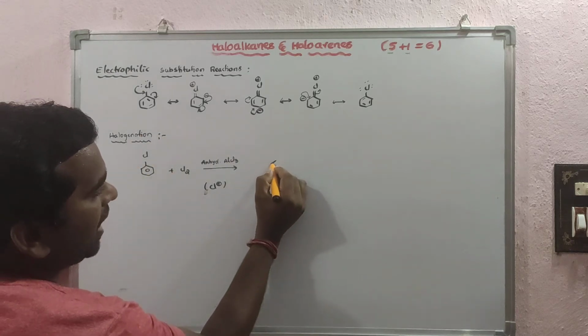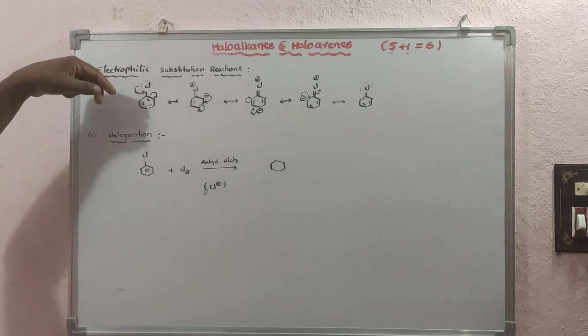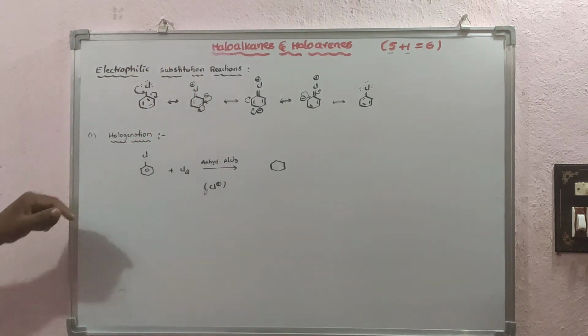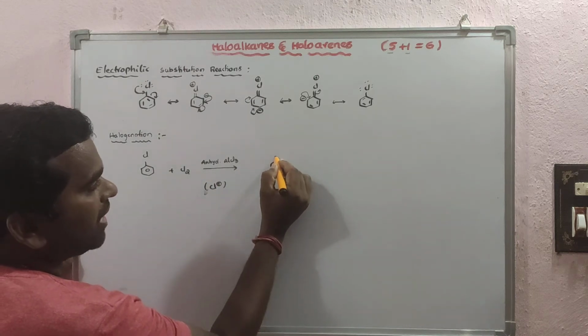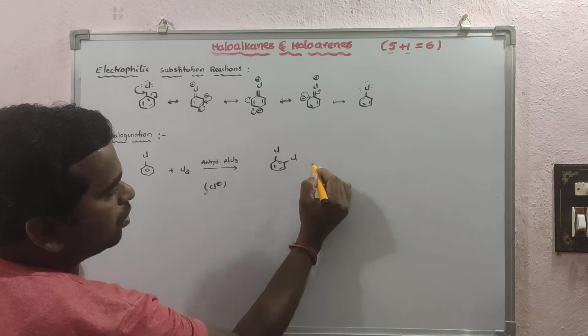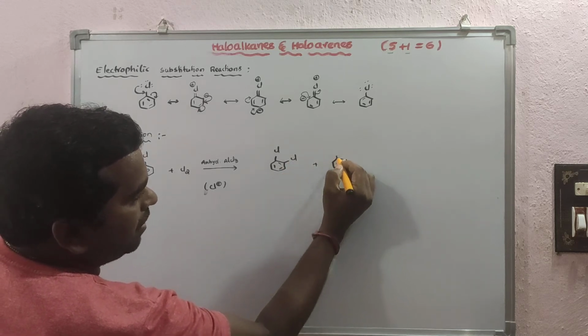And chlorine, due to resonance at the ortho and para positions, is electron rich. And you know the electrophile attacks either the ortho position or which position? Para position.